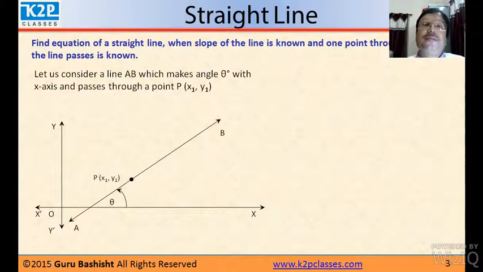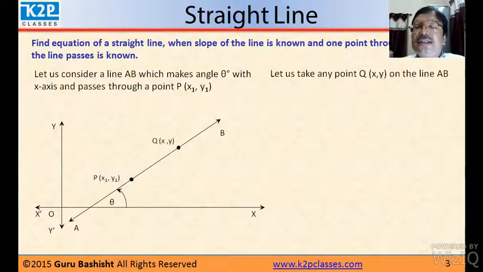Now find the equation of a straight line when the slope of the line is known and one point through which the line passes is known. Let us consider a line AB which makes angle theta degree with the x-axis and passes through a point P, x1, y1. And this is theta.